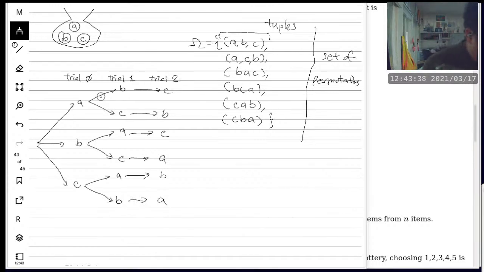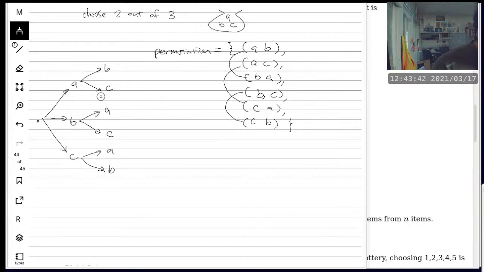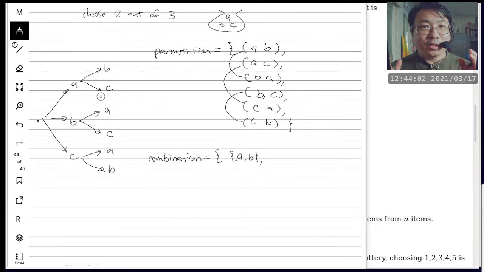Now we move on to the next slide, and we look at the set of combinations. The set of combinations is a set of sets. We basically have a set that only has A, B in it, because in a set, ordering is not important.